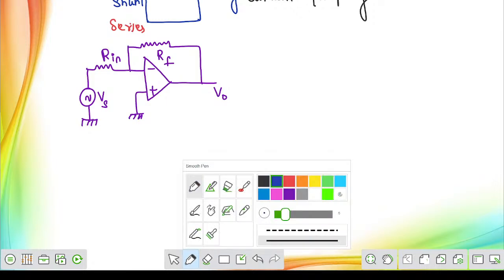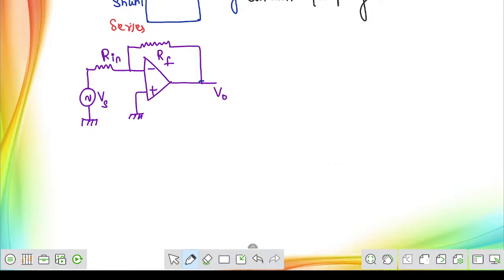Now, if you are observing this, first thing, cross-examine whether this feedback line is directly connected with the output or not. If it is directly connected with the output line, then that is called voltage sampling. In the given circuit, the feedback line is directly connected with the output, so that is called voltage sampling.